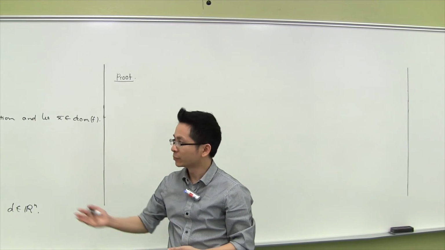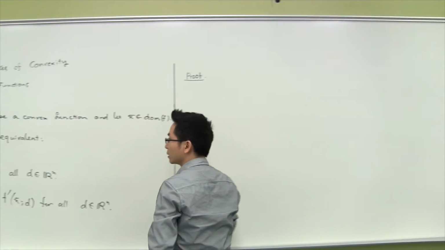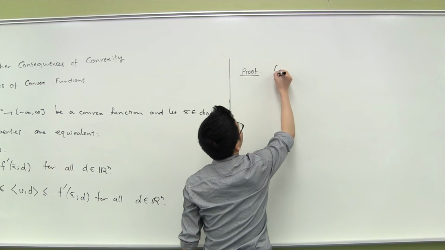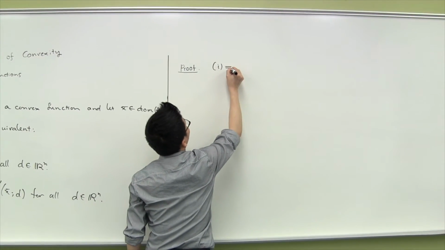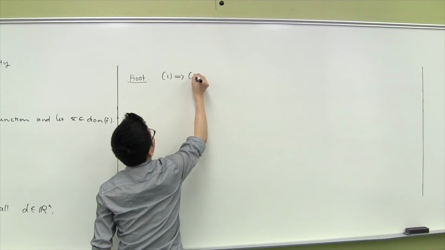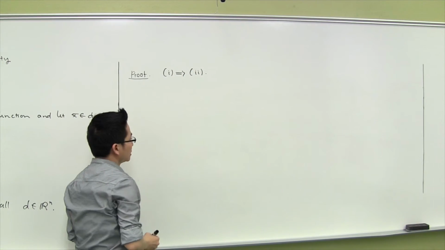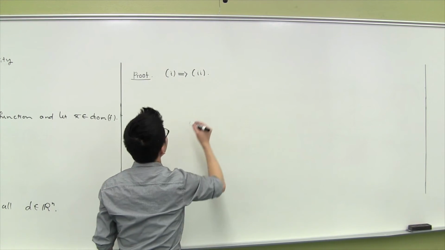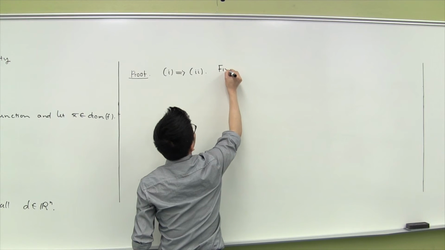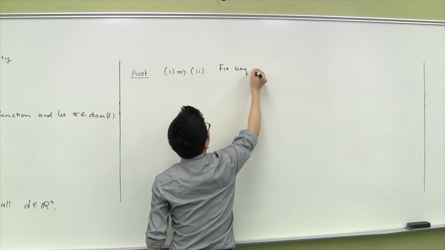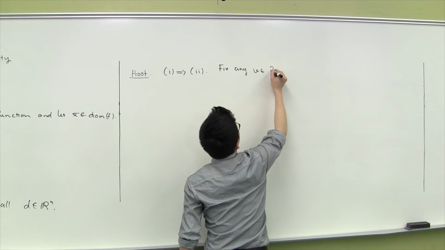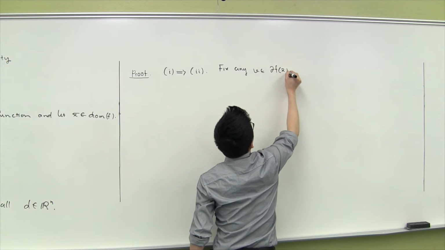Now I'm going to go ahead and prove the theorem. Let me start by proving that the first property implies the second property. So we fix any v in the subdifferential of f at x bar.